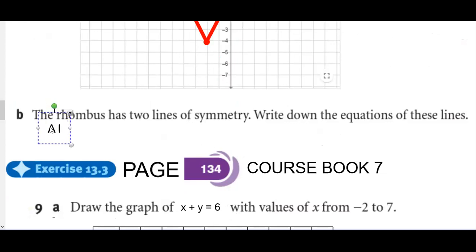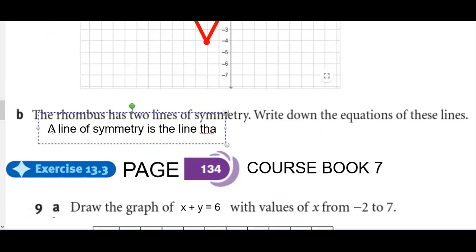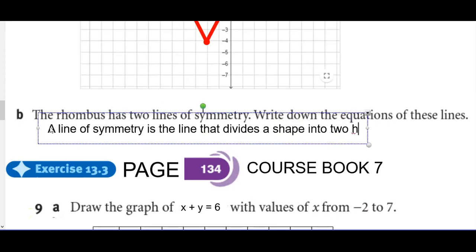A line of symmetry is the line that divides a shape into 2 halves.